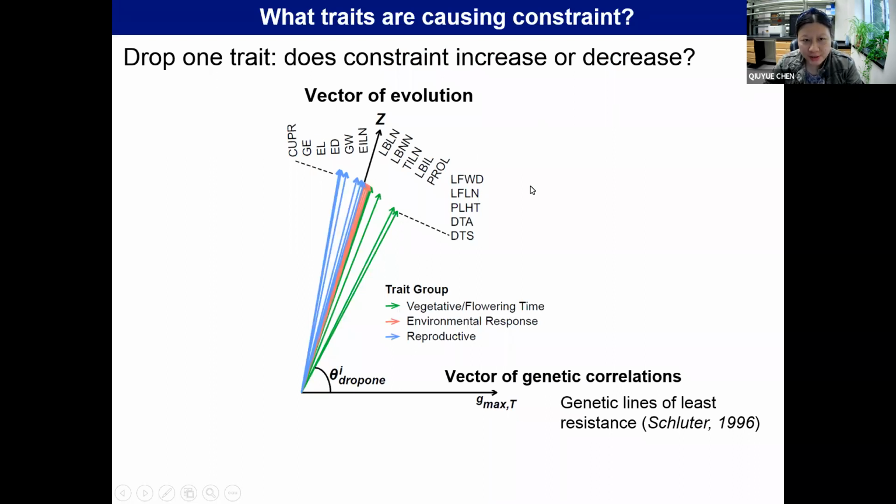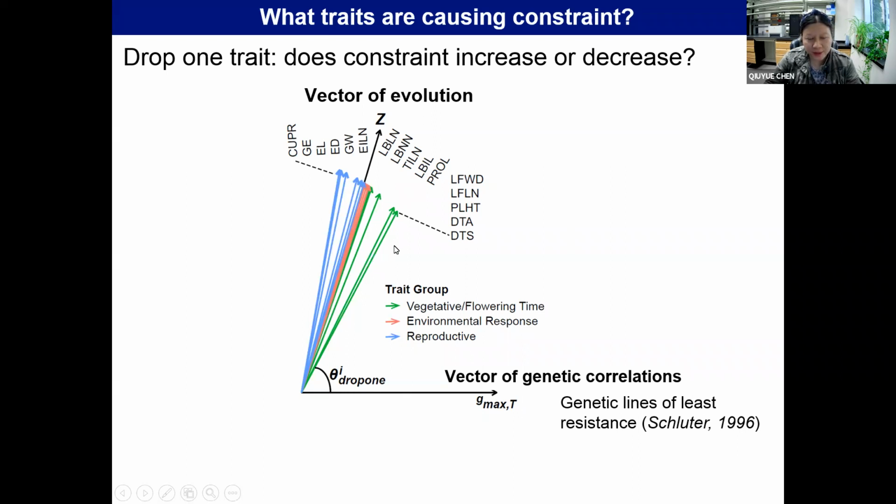So next, we ask what traits are causing constraints. Basically, we performed a drop-one analysis. So in this figure, the Z is a vector of evolution, and Gmax is a vector of genetic correlations. So we already calculated the angle between the Z and the Gmax.